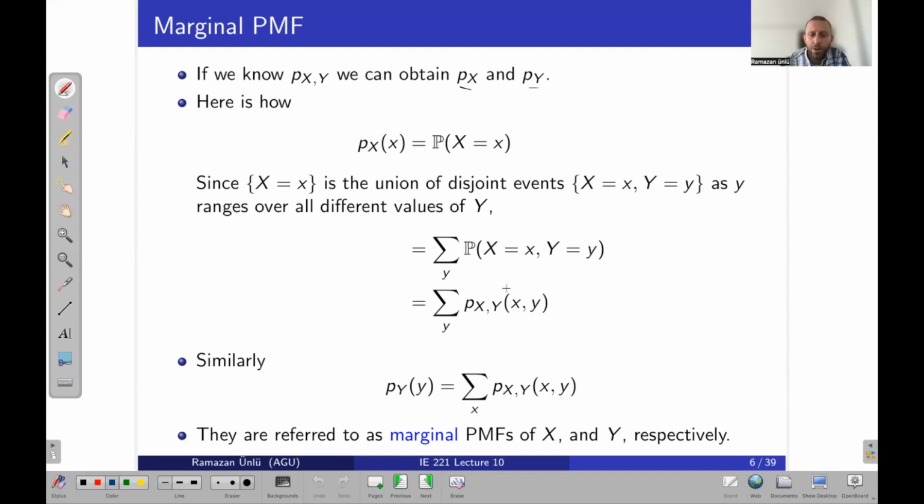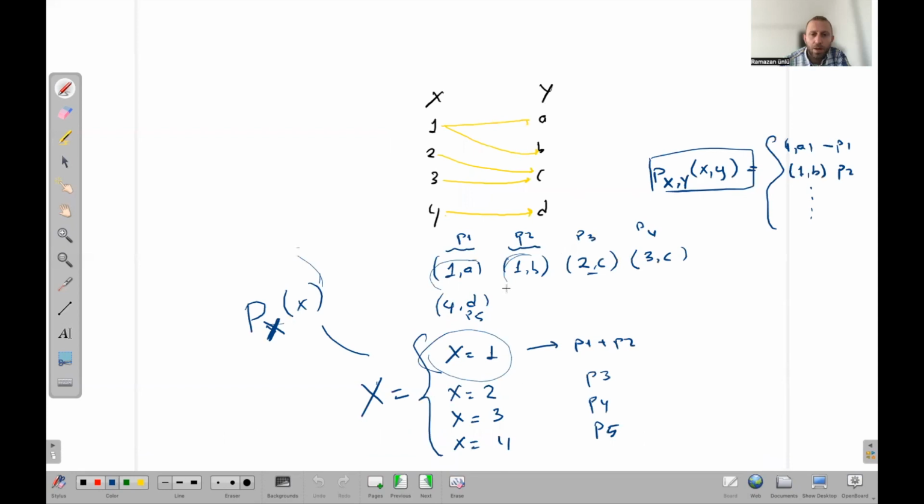What I did is I just kept the same x values and looped through all possible y values, like 1A, 1B. The x is the same, and y changes.